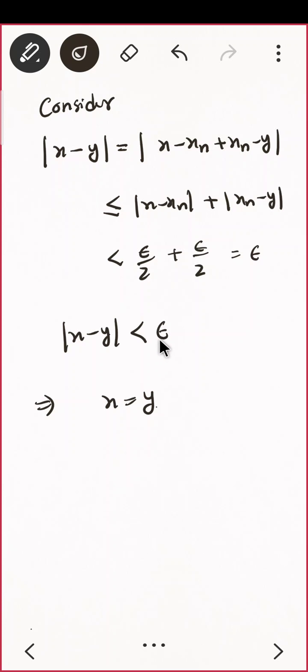That is not a fixed number. Correct? So that means your x is equal to y. So we have proved that every convergent sequence has a unique limit. The limit of xn is unique.